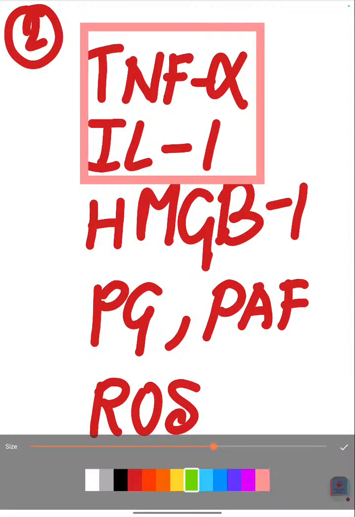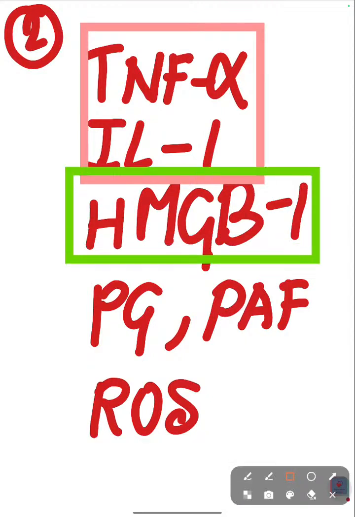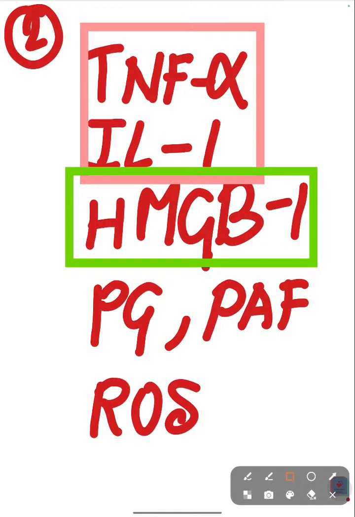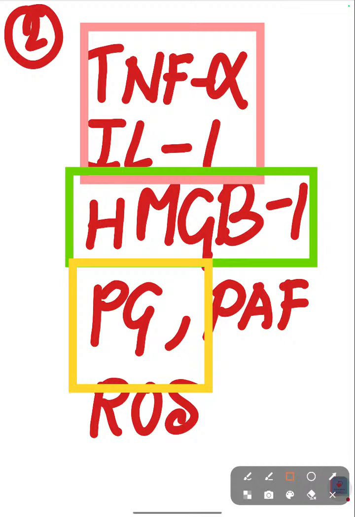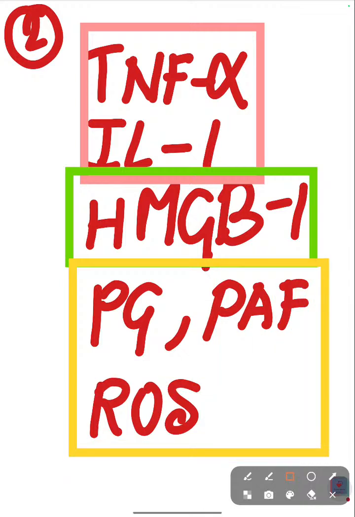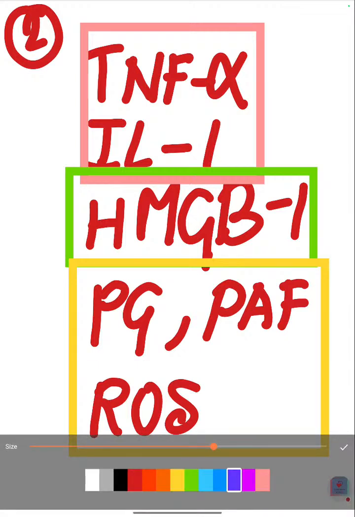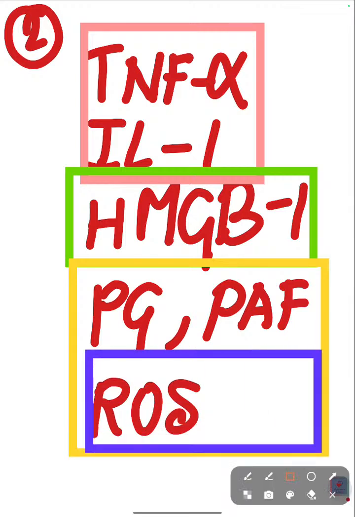HMGB1 is the other inflammatory mediator, and you have PG and PAF as the chemical mediators of lipids, and there is a generation of reactive oxygen species.